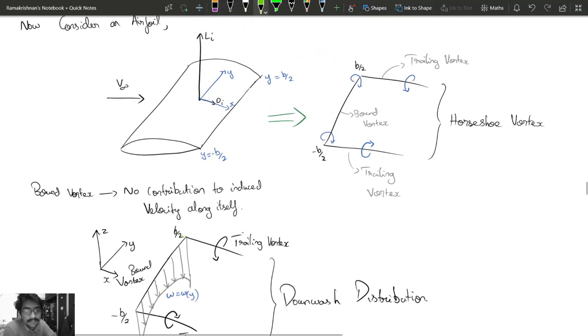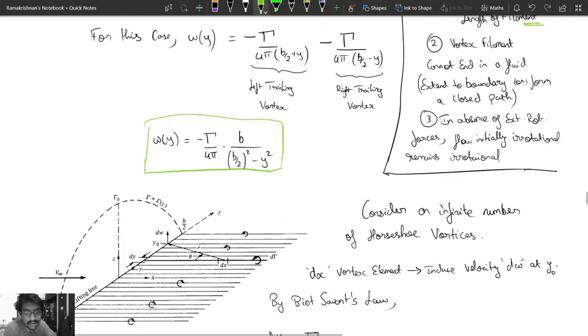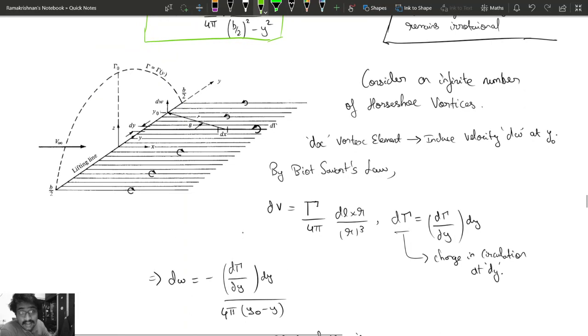Now that we have calculated the downwash caused by a horseshoe vortex, to look at it through the entire span of the wing, we need an infinite number of horseshoe vortices because the downwash occurs through the entire span of the wing. So we have an infinite number of horseshoe vortices, and we have dx, which is our vortex element, which induces a downwash dw at a point y naught.